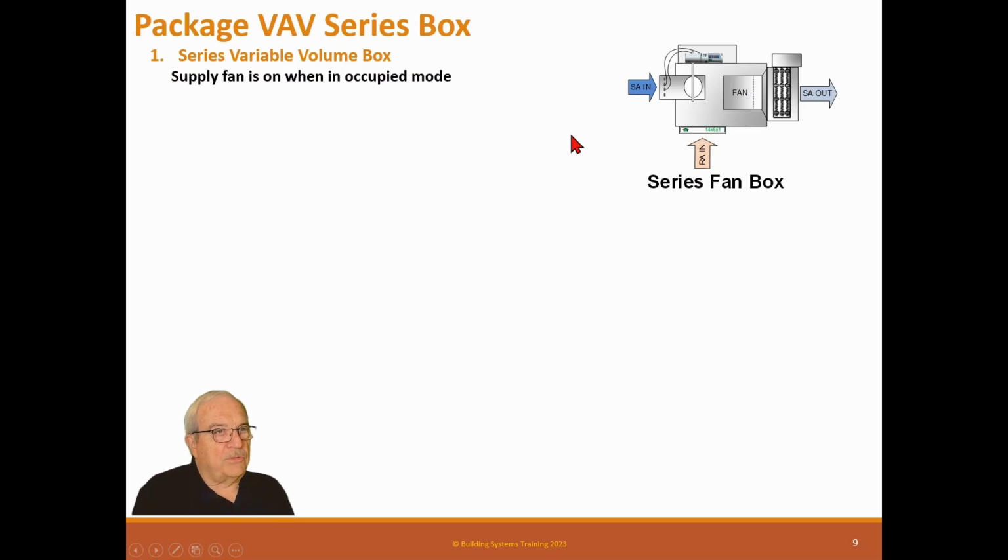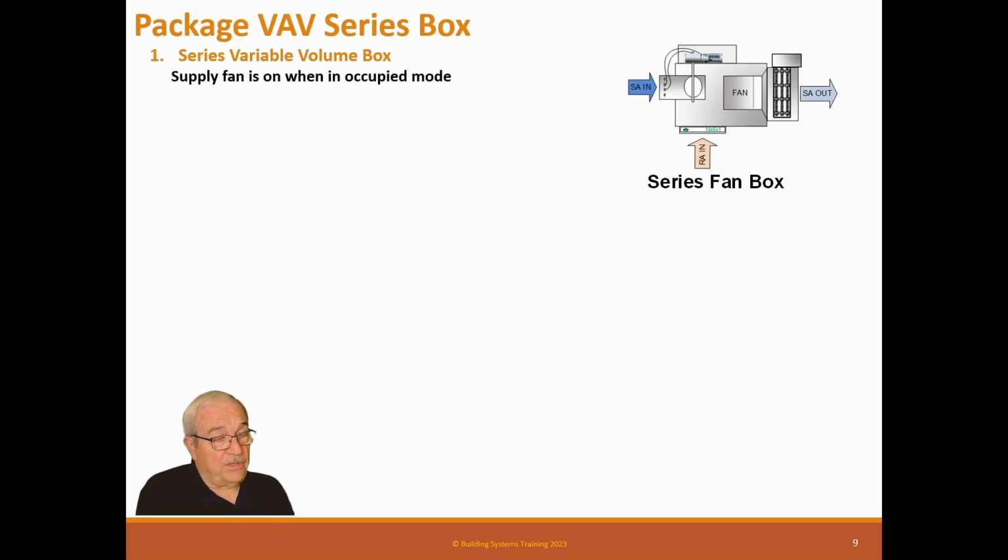Now, why do we use a series fan box? We use a series fan box for anything in a variable volume space that we need to be constant volume because of a certain specified air exchange rate or a building pressure rate. So if you have a room, like if it's a hospital bedroom that's isolation, it has to always have a constant pressure in the room, then you would need to use a series box.